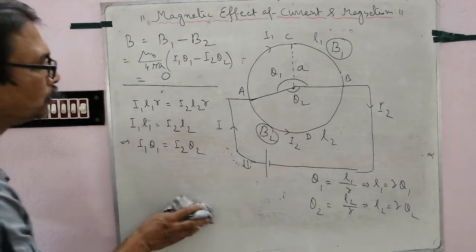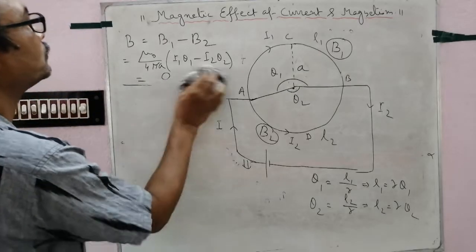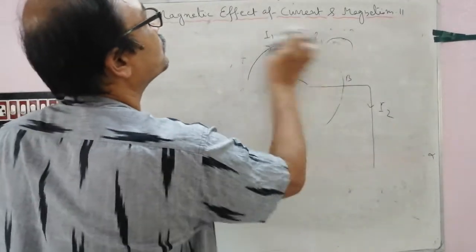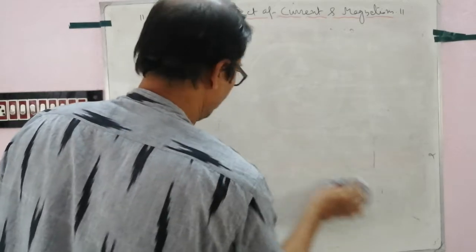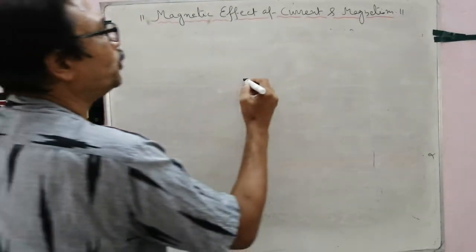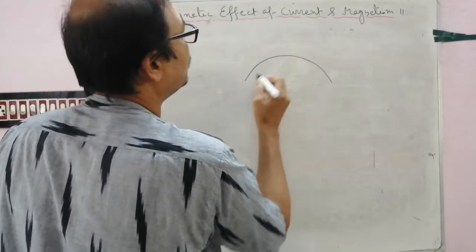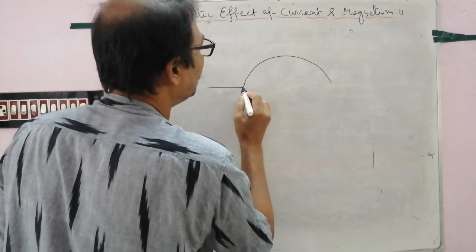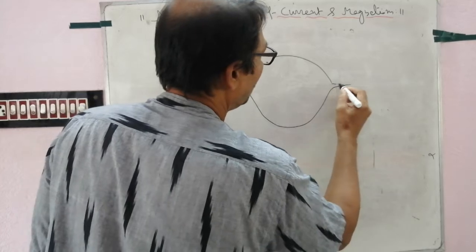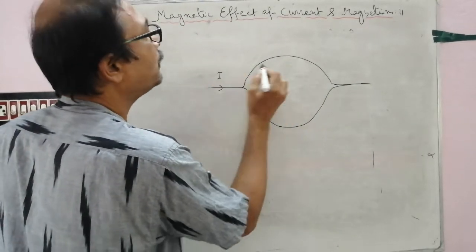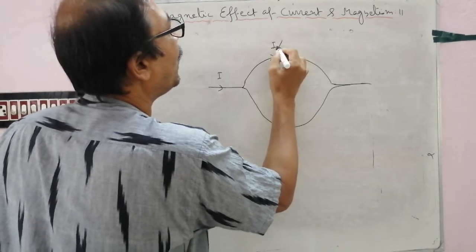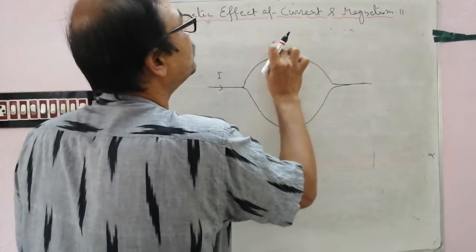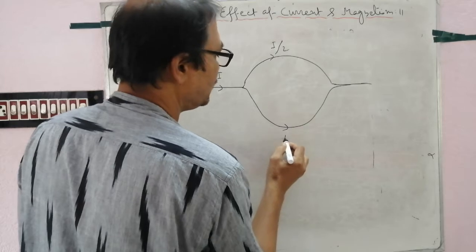Okay. Next item. Suppose the current is I, splitting into I by 2 and I by 2.